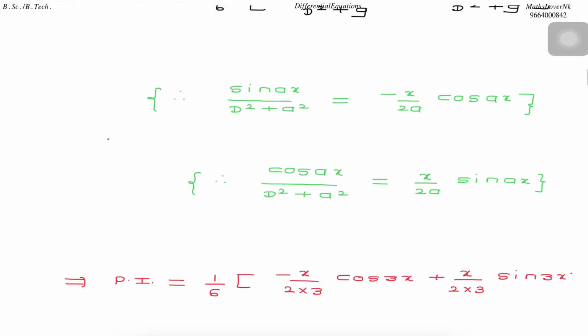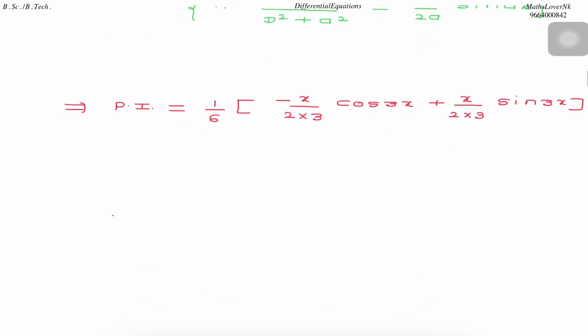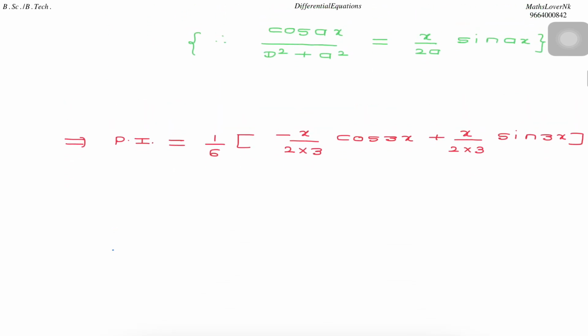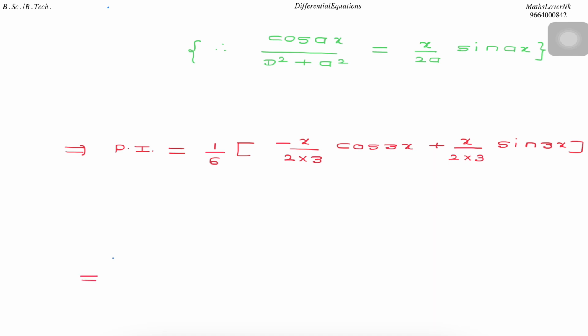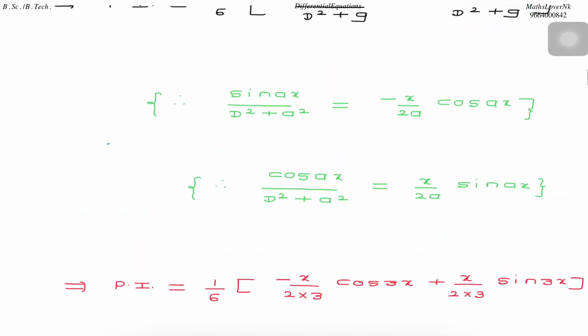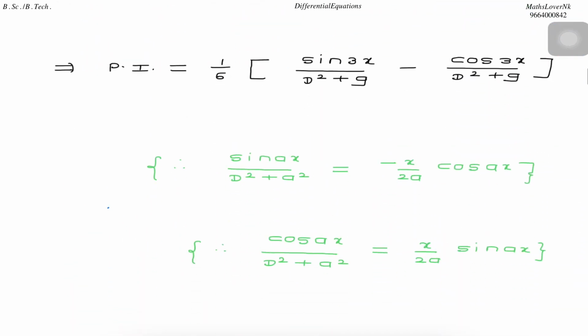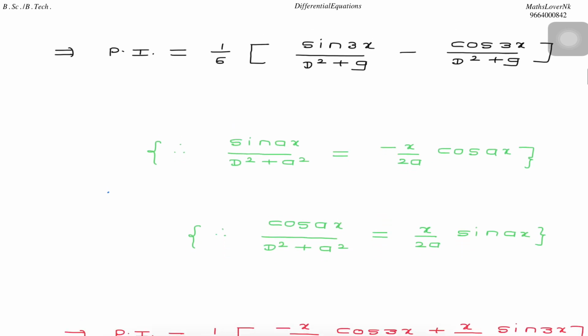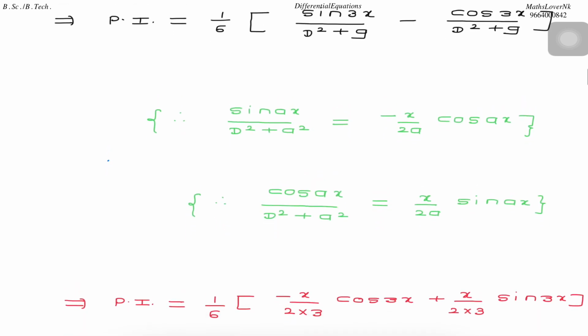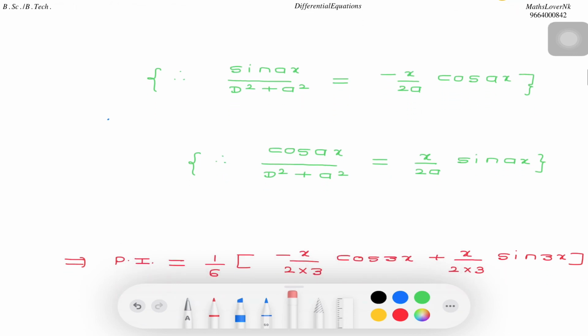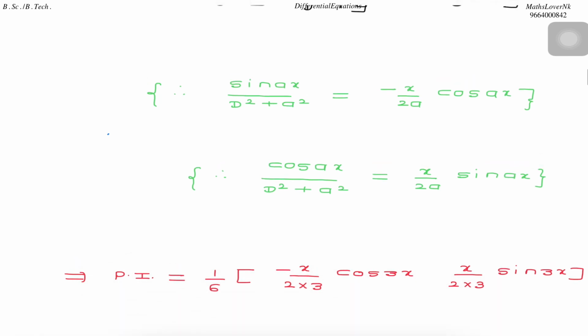It's our PI. Now find the complete PI. Take out minus as common, x upon 2a cos 3x upon d square plus 9, and the minus is already given here.